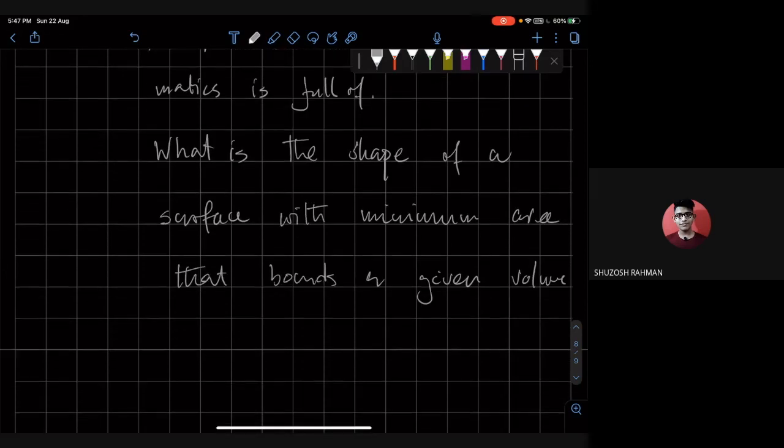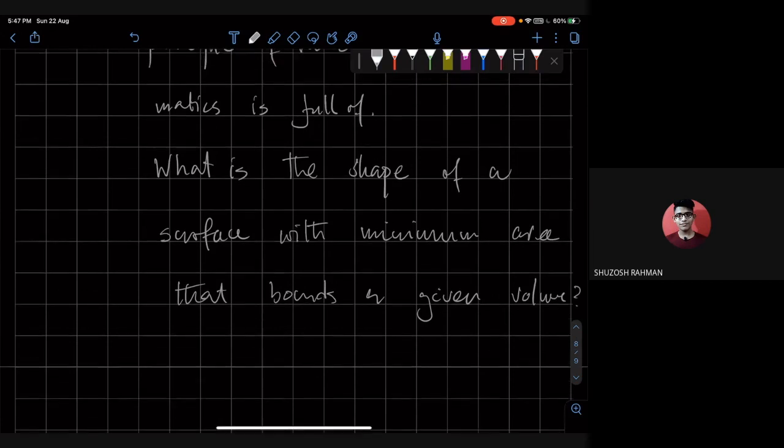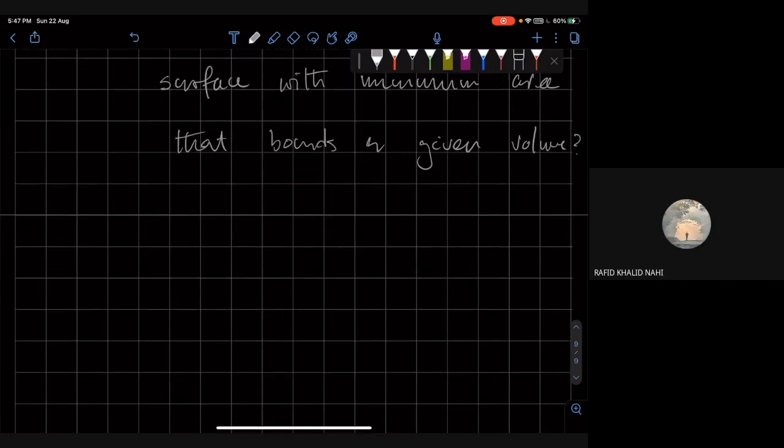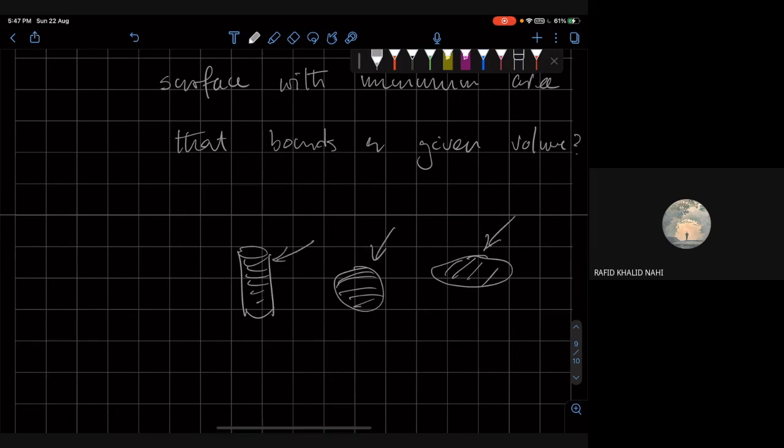What would you answer? Sphere. Right. But it could have been this same volume here, it's this, it's this. But we are saying that the surface area has to be minimum. And it turns out this is the correct answer.